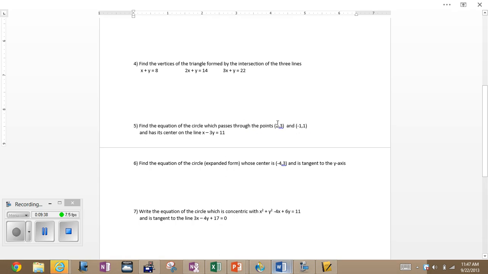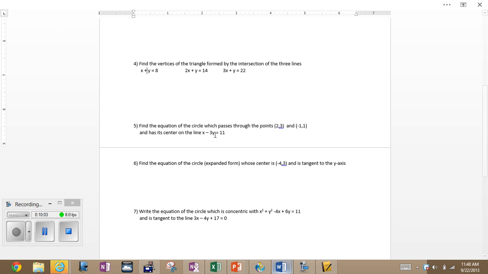Through these 2 points there is a chord, and perpendicularly bisecting that chord is a diameter. So what you want to do is find the equation of the perpendicular bisector of these 2 points and find its intersection with this line, and that should be the center of the circle.